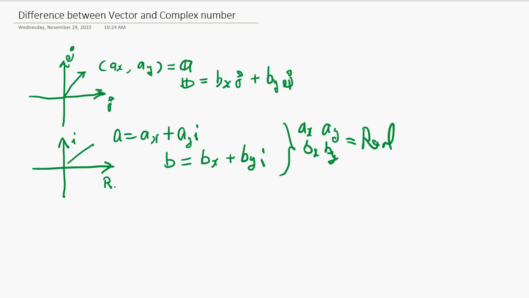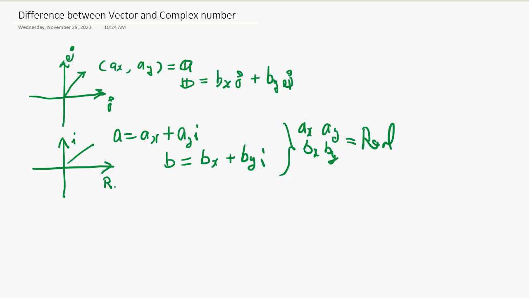So why do we have two kinds of things to deal with two-dimensional geometry? Have you ever thought of that? It's mainly historical. It's nothing mathematical about it.